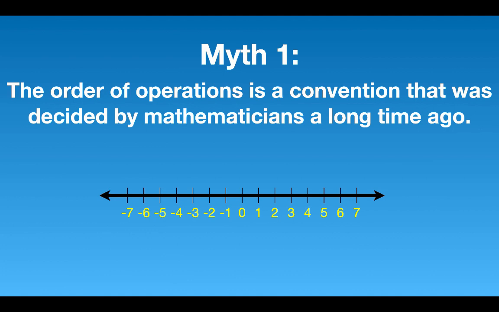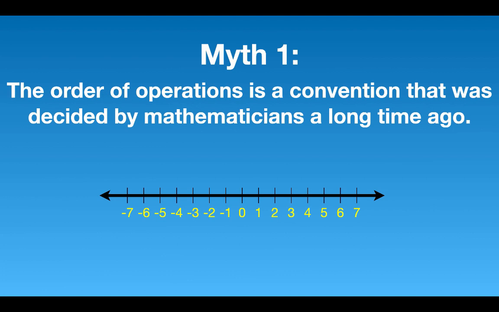Incidentally, the debate about the order of operations actually coincides with the beginning of the use of textbooks in the early 1900s. So that's kind of interesting that we didn't really see a need for an order of operations prior to textbook use. Something to think about.